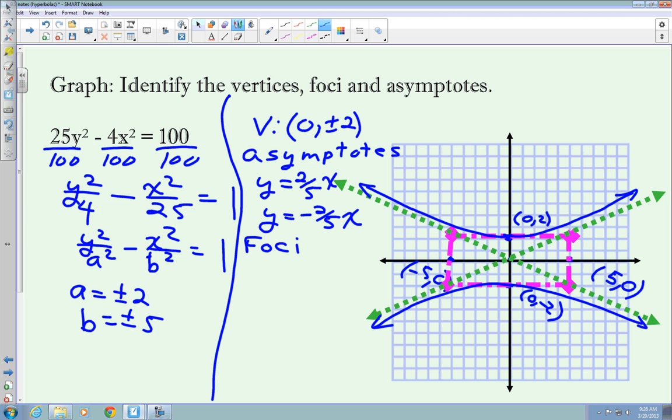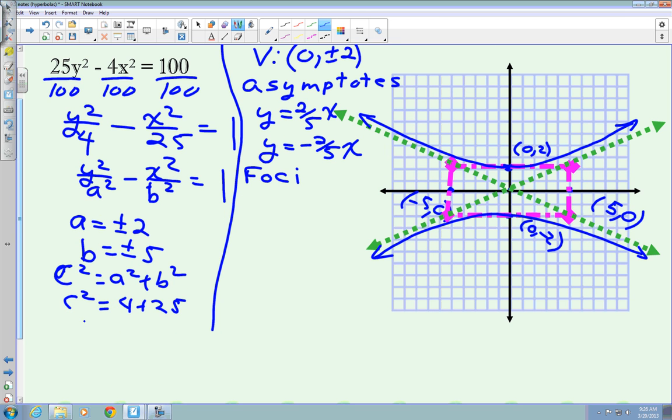So for that, I need to find my c. So a squared is 4, b squared is 25. So I know that c squared equals a squared plus b squared. So c squared equals 4 plus 25, so c squared is 29.